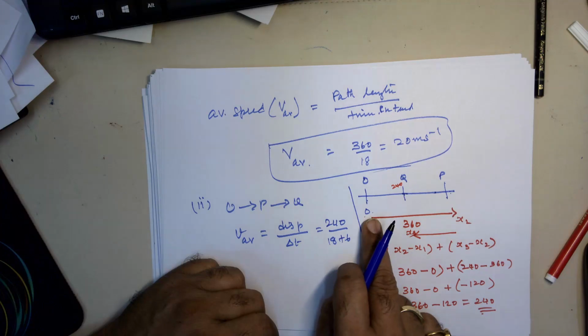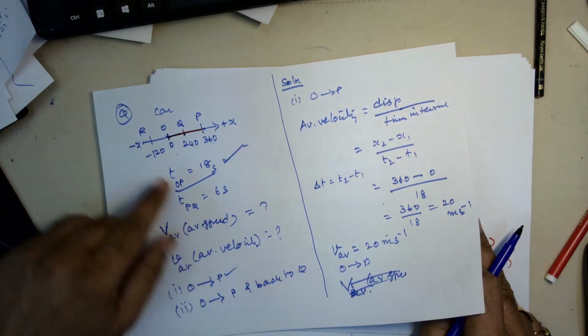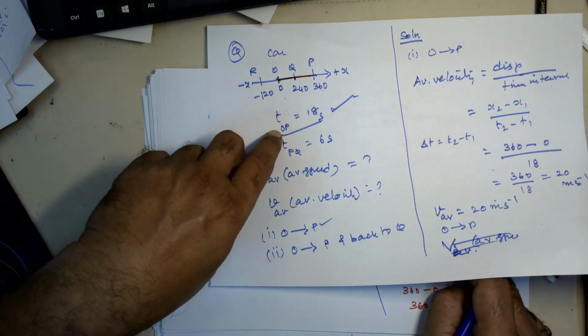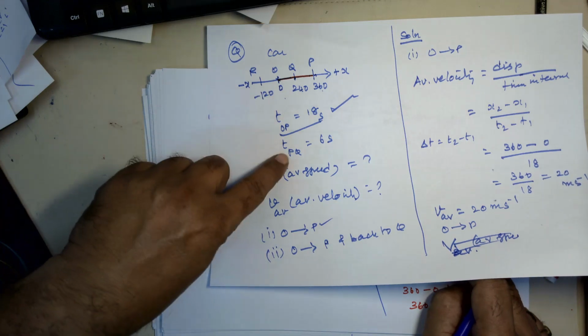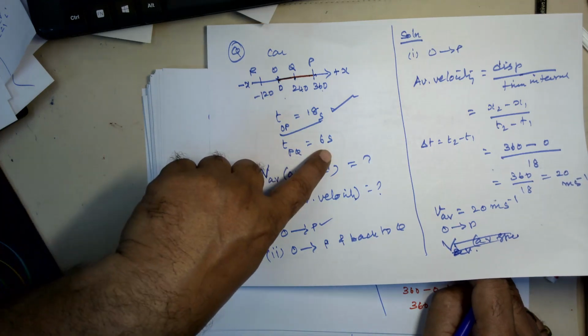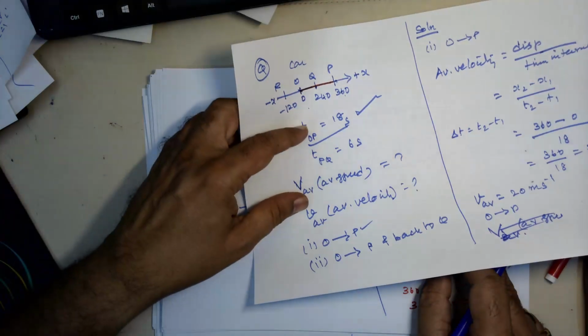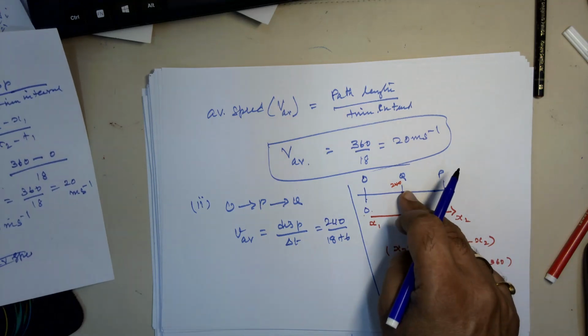From here to here, 18 seconds. That's what is given here. Time taken. What have I given here, T of OP, how much? 18 seconds. And for return, that is PQ, how much? 6 seconds. So it is given as an interval only, right? Position is different from time.